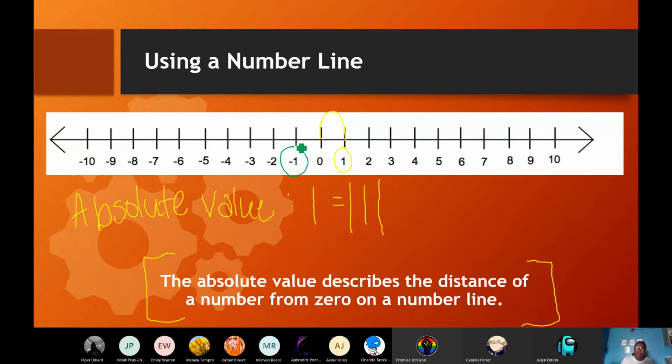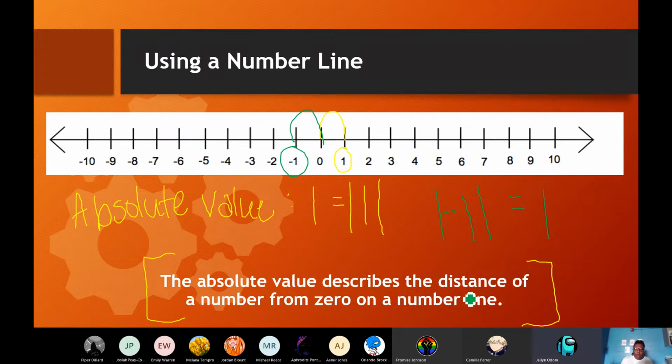How many places do I have to jump from this -1 to 0? 1. Yeah. So the absolute value of -1 is 1.